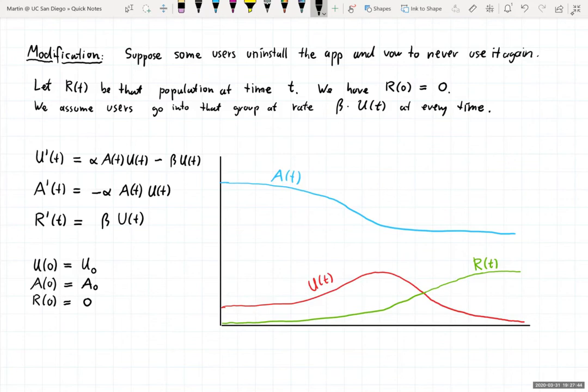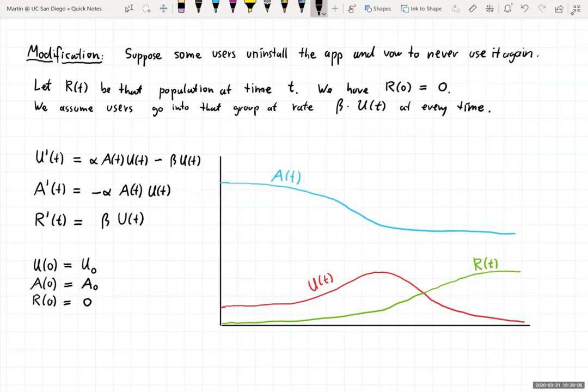So what we're going to see is that U of t is going to grow, just like before, with exponential growth, at least at the beginning. And A of t is going to deplete, just like before.